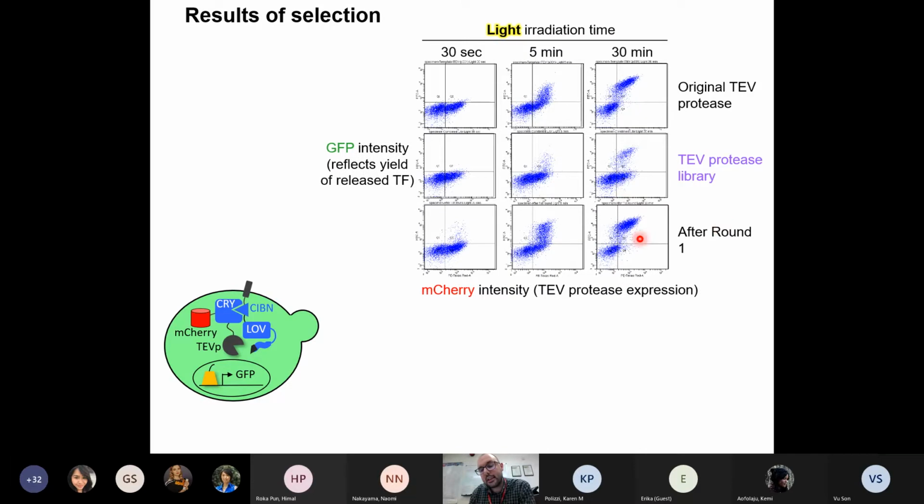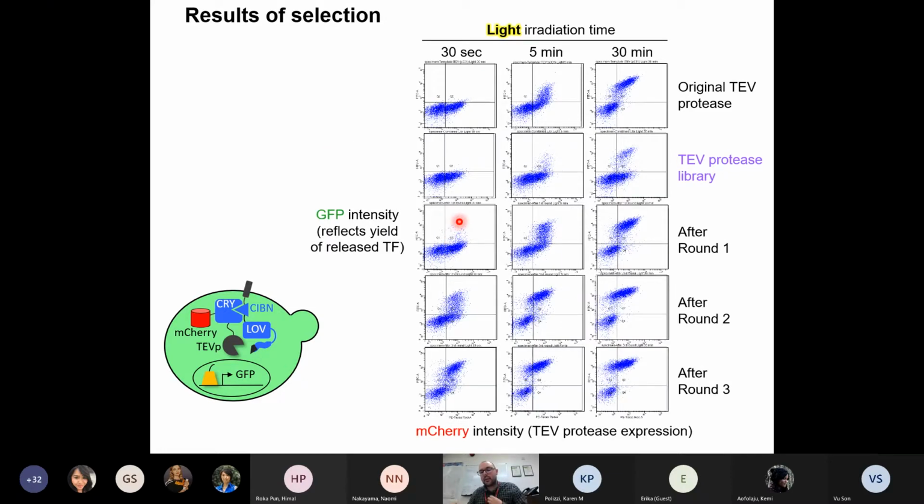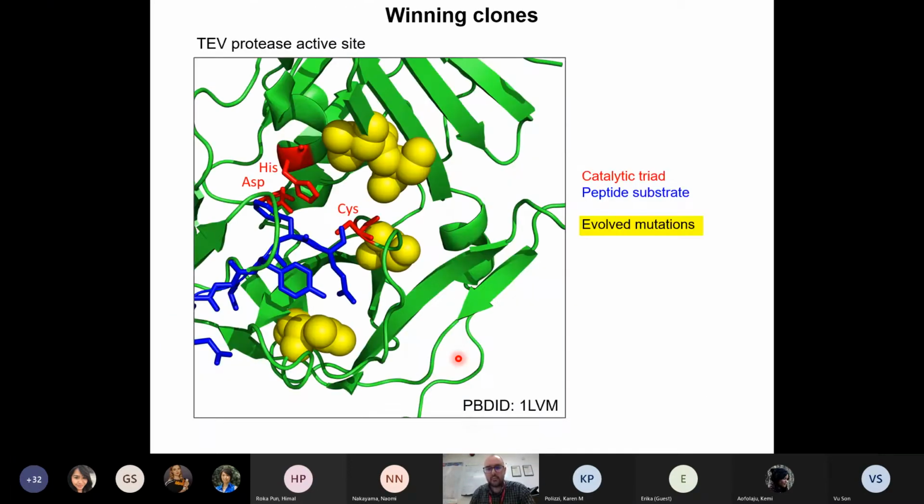After one round of sorting, I see that after 30 seconds of illumination, there are some mutants that show some activity. But if we keep doing fast sorting, after 3 rounds of sorting, now we can see a population that saturates the signal. Compared with the wild type, which takes 30 minutes, now we have saturated signal in just 30 seconds, which is pretty amazing.